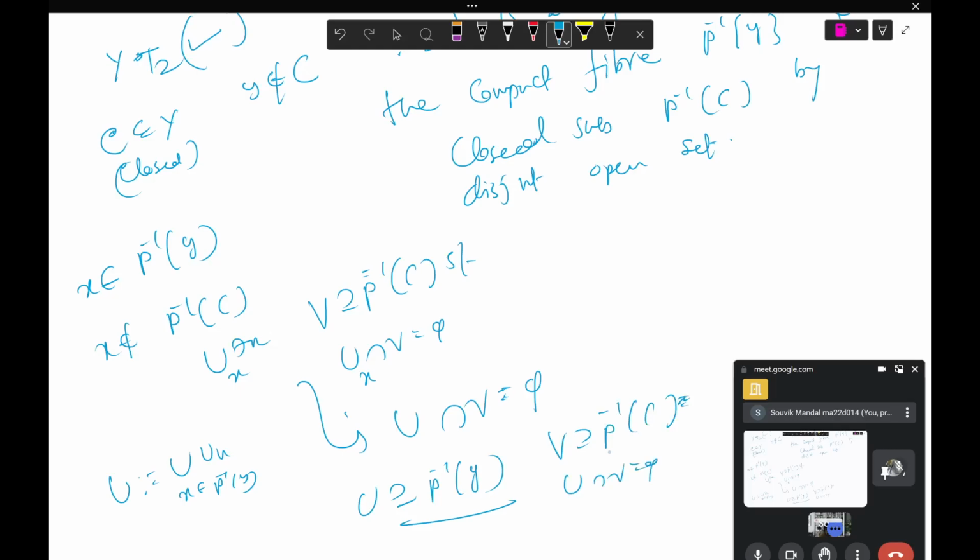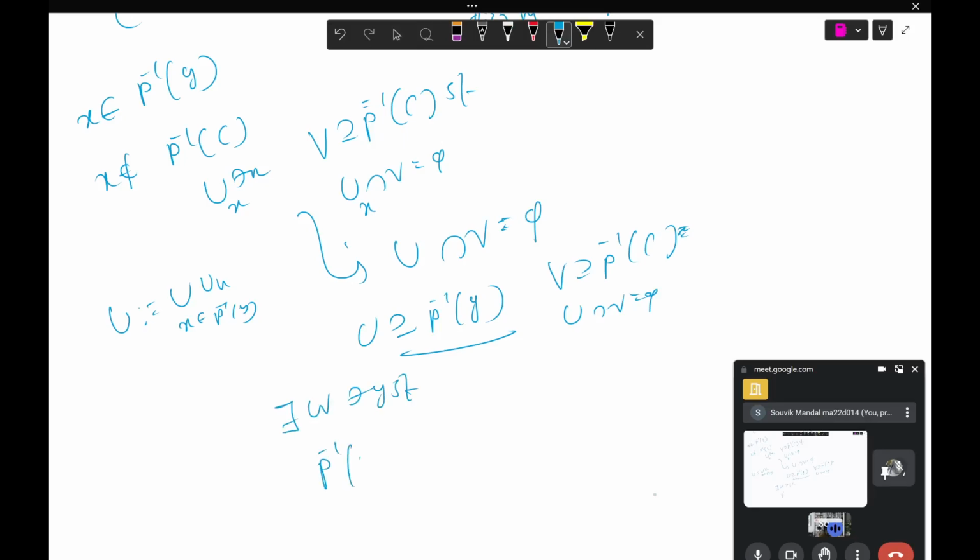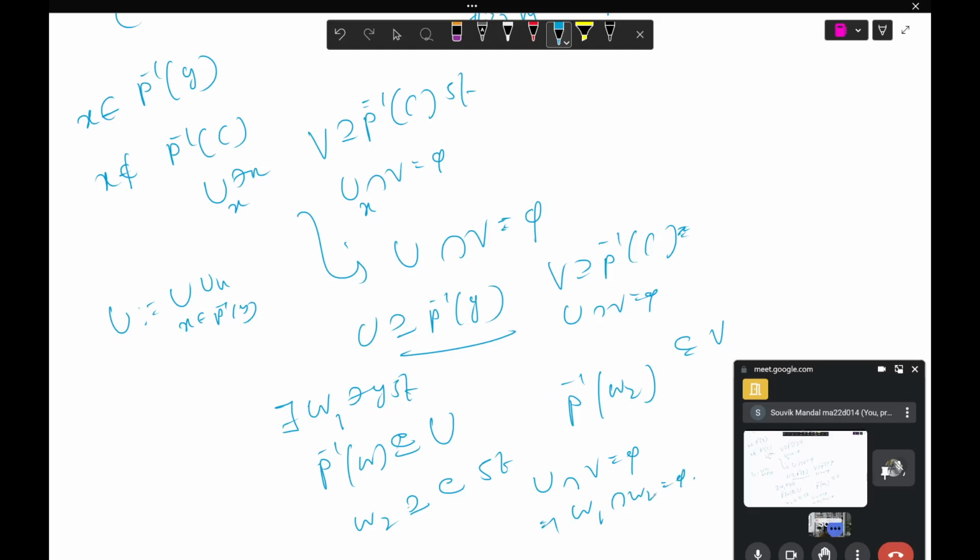So by problem 2, there is an open set W1 containing y such that P inverse W1 is a subset of U, and W2 containing C such that P inverse W2 is a subset of V. Now U intersection V is empty. This implies W1 intersection W2 is empty. This is what the regularity is. And yeah, that's the solution.